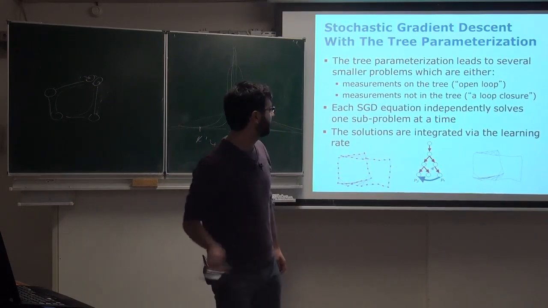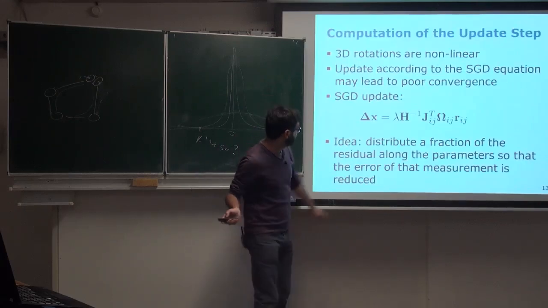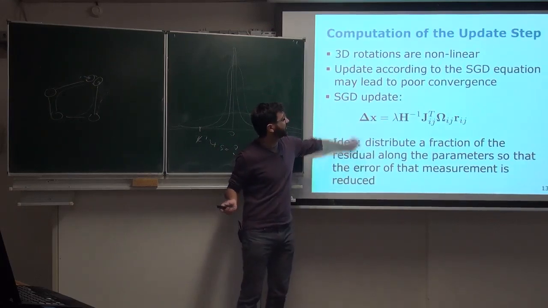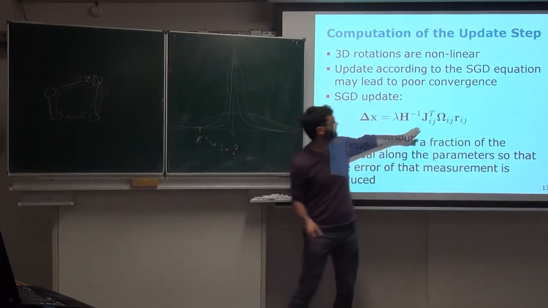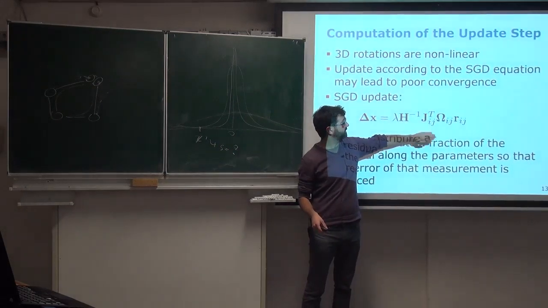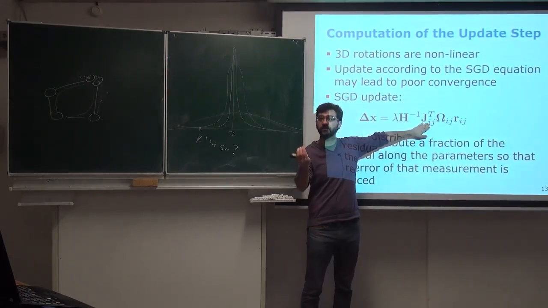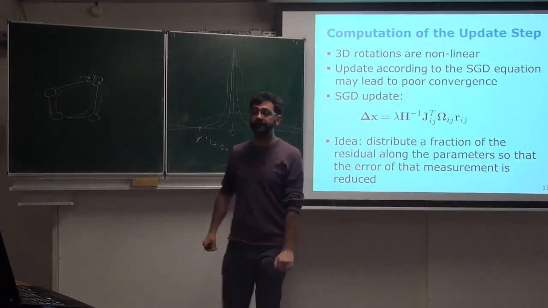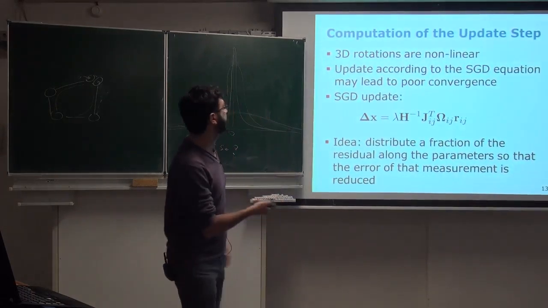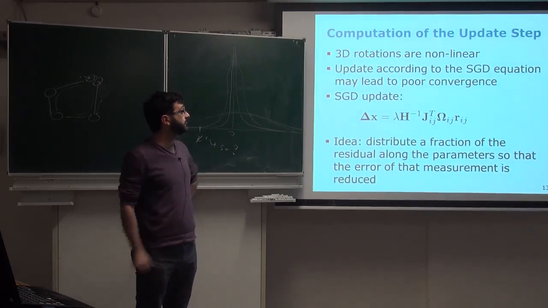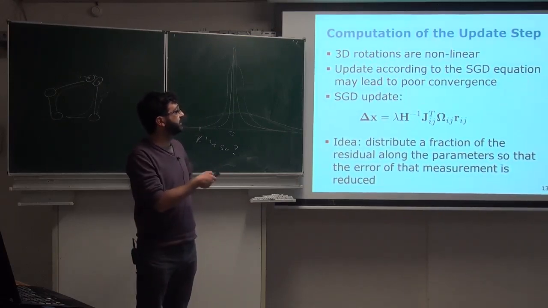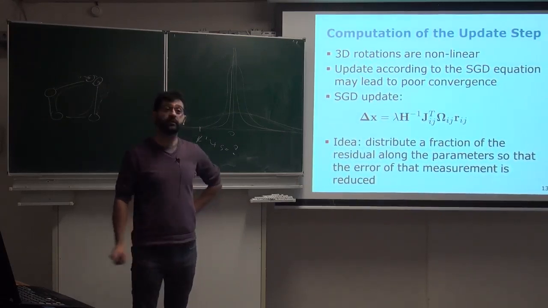Now, how do we do the update? You can see here the classic, standard rule for stochastic gradient descent. What still needs to be understood is how this Jacobian is computed considering the parameterization that we are using. The complicated thing is that 3D rotations are nonlinear, and if you just update according to this one, you have poor convergence.